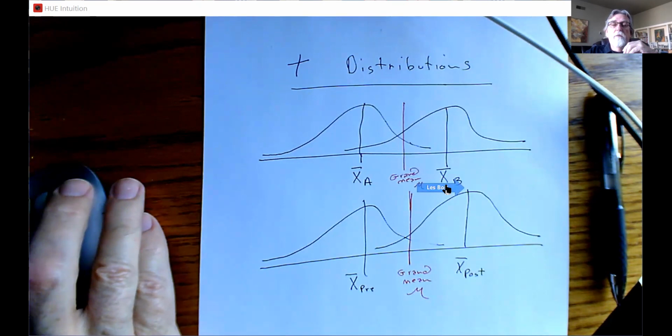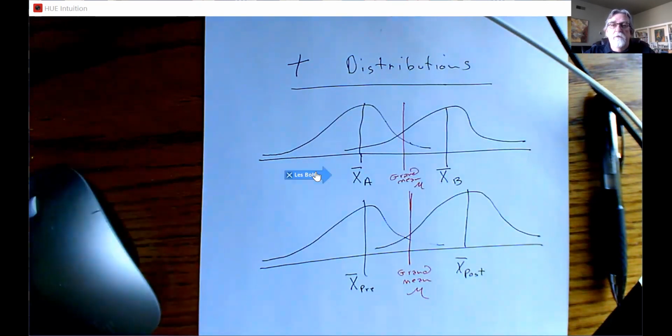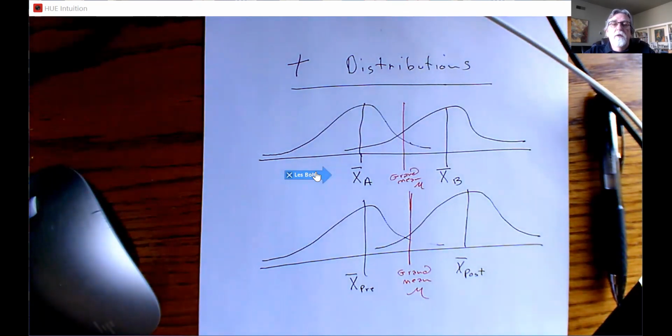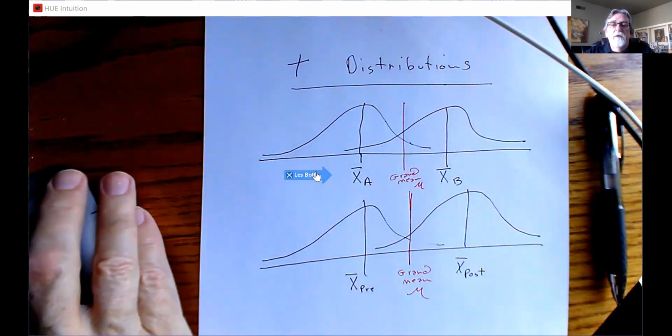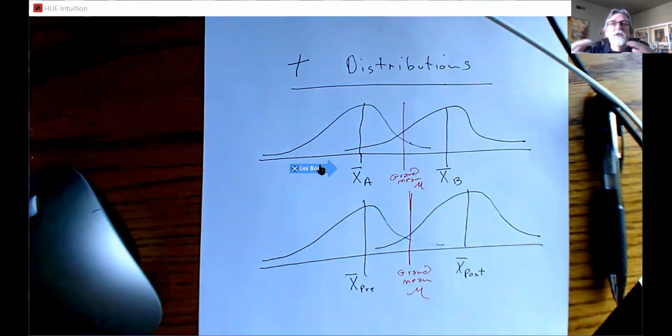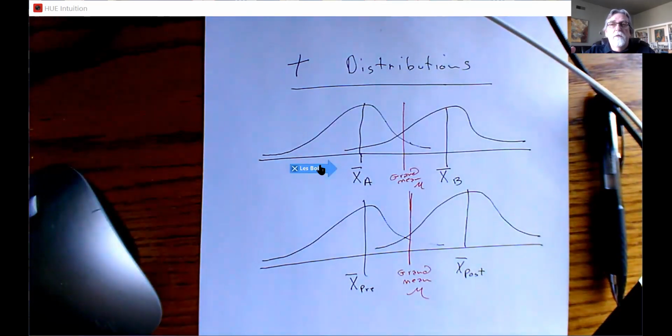And if those are two independent separate groups, we would want to know whether that distance between these means, A and B, lies within the range of what we would think would be a random fluctuation between means. And that's that middle 95% range of sample means.